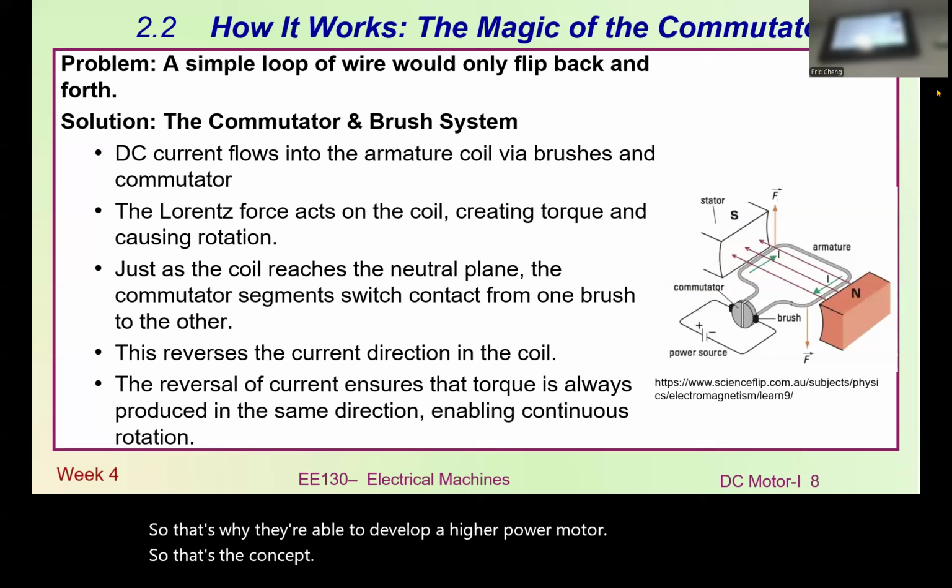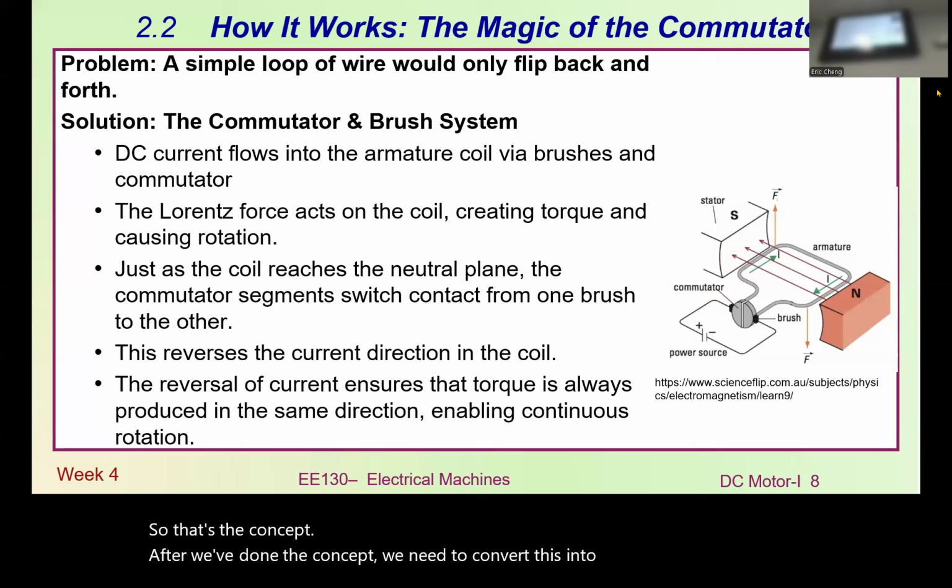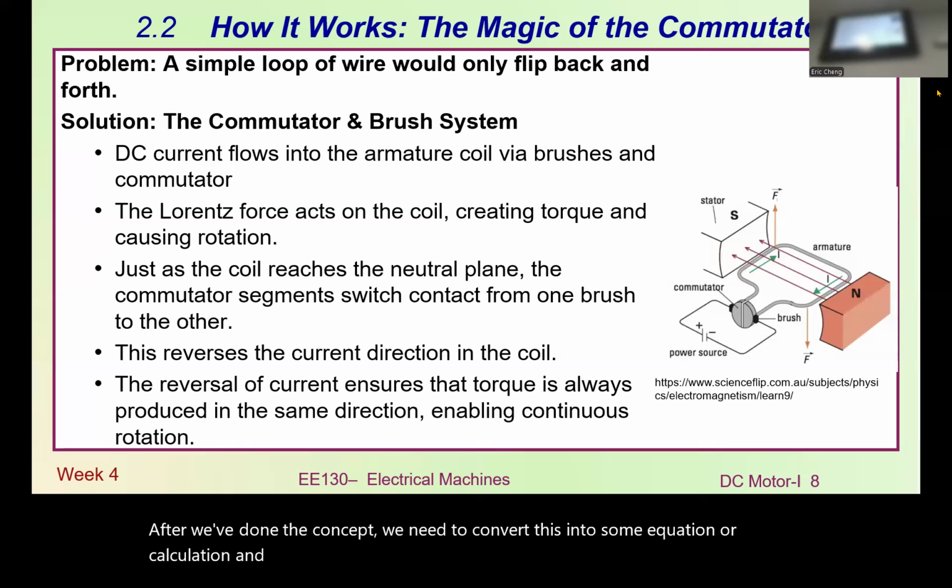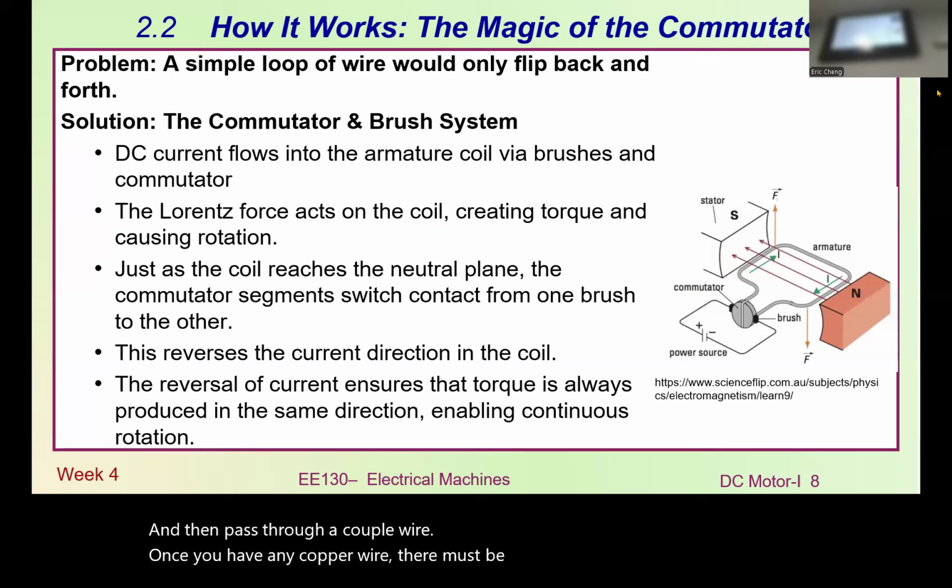After we've done the concept, we need to convert this into equations for calculation and also for design. You can see that here we have a source voltage passing through a copper wire. Once we have any copper wire, there must be some copper resistance due to the normal resistive opposition.